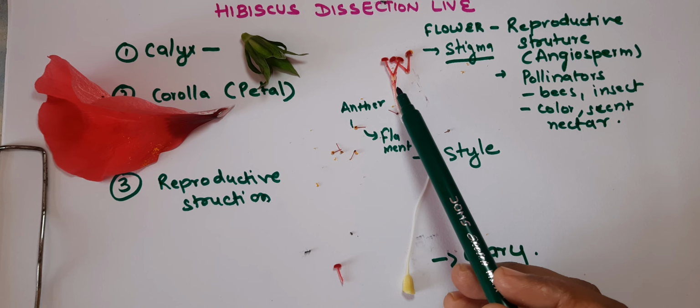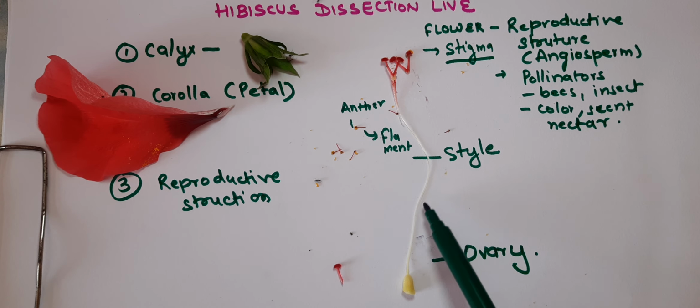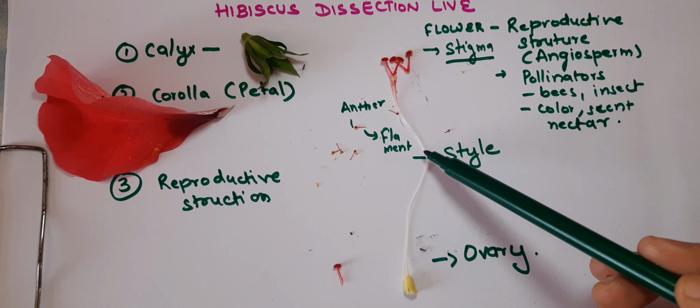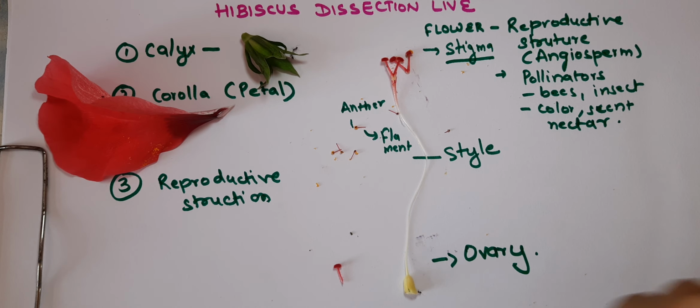So this stigma is there. Now this is the style, and finally this is the ovary. The pollen tube will travel till the end, so that the fertilization will occur.